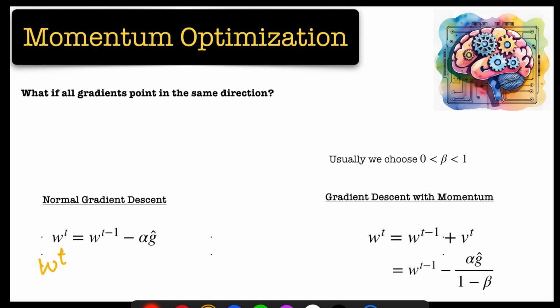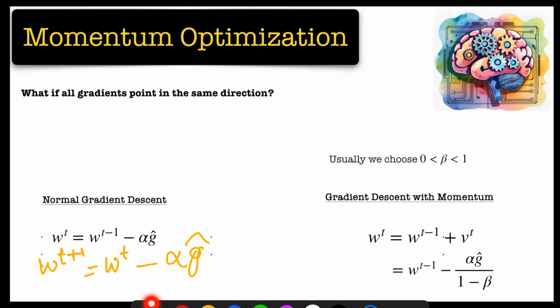But in the case of gradient descent with momentum, we get this: Wt equals Wt minus 1 plus Vt. What is Vt? Vt is minus alpha G hat divided by 1 minus beta, right?